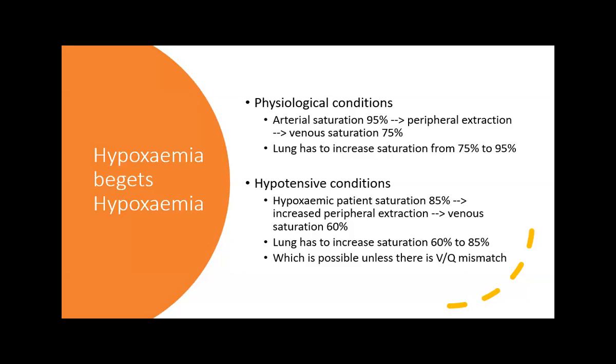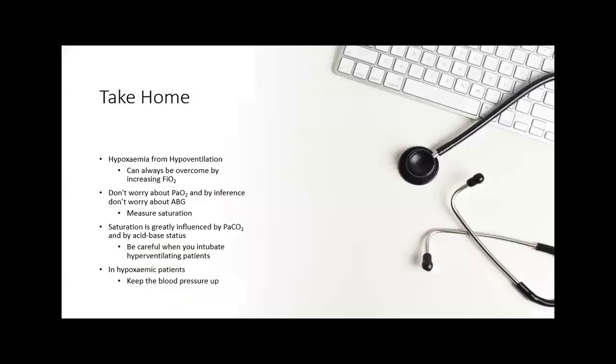As the blood pressure starts going down, your saturation starts going down as well, because you're extracting more peripherally, and your lung cannot compensate in this regard.